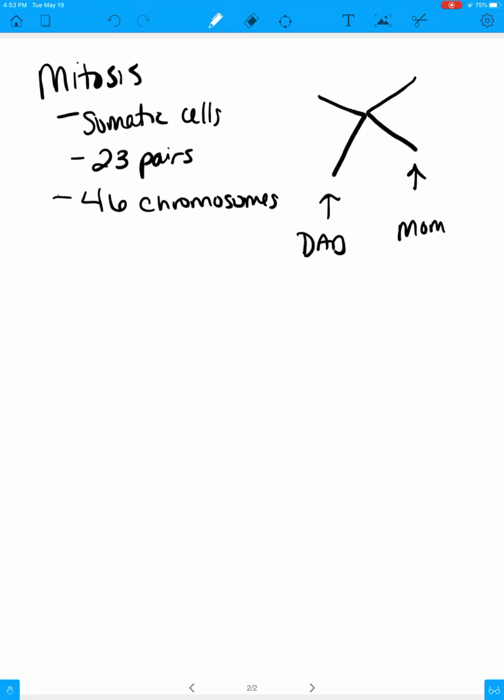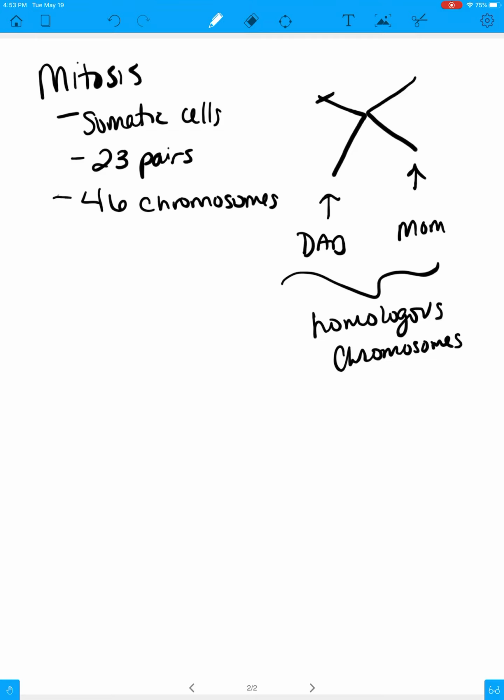They call these homologous chromosomes, because they both carry the same thing. For example, if this chromosome has eye color, on this side we would also have eye color. If right here we have attached earlobes, this one may have it as well. Now, there can be different versions though.